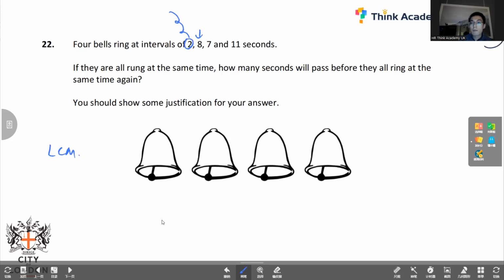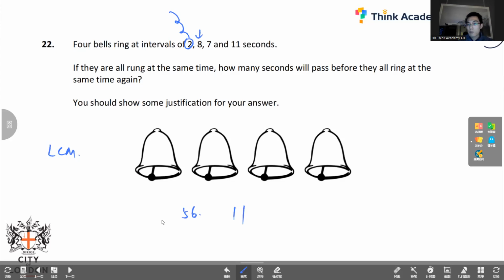First of all, the lowest common multiple of 7 and 8, because they are consecutive numbers, next to each other, means they're co-primes, meaning they have no common factors other than 1. So the LCM of 7 and 8 will just be the product of the 2 numbers, 7 times 8, 56. And then we try to find the LCM of 56 and 11.